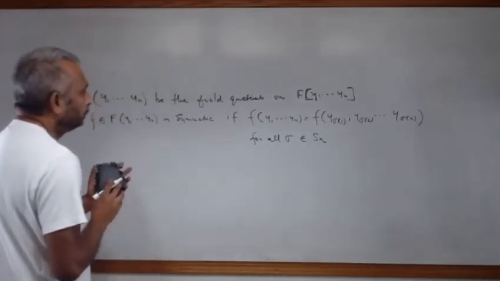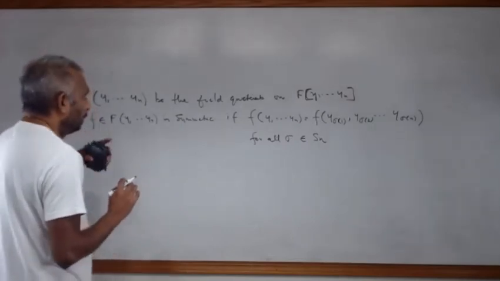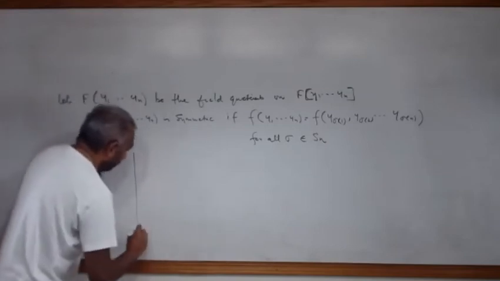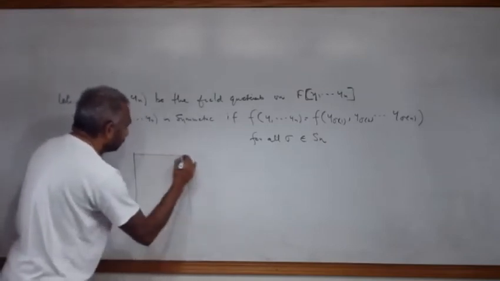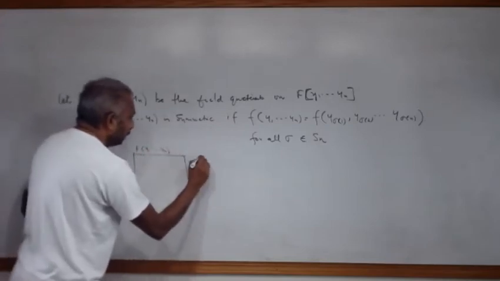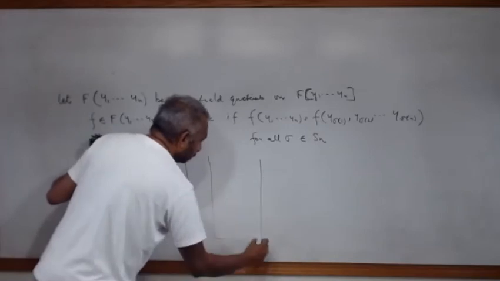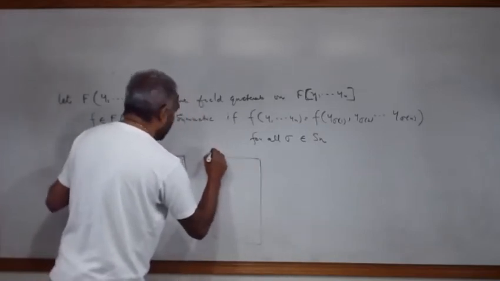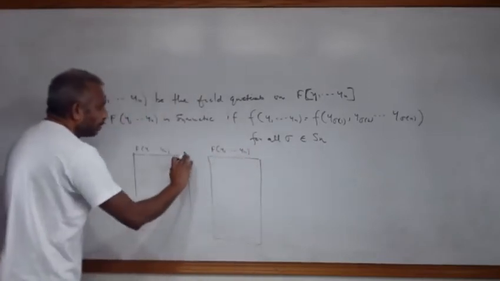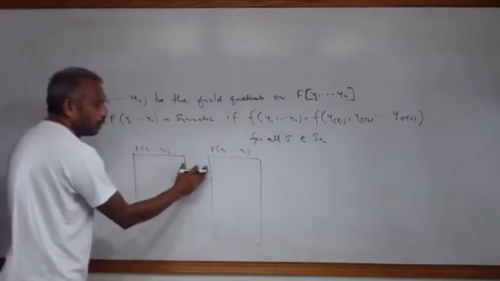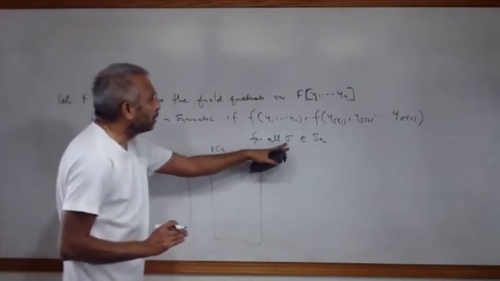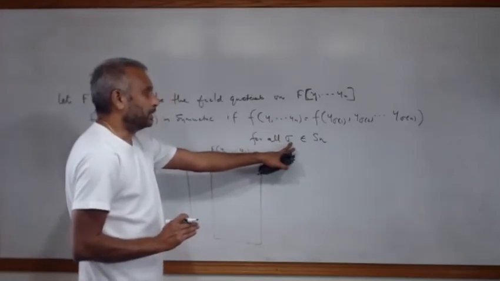So our automorphism is going to be like this. See, this is F(y1, ..., yn), and there are several automorphisms on here, but we are going to consider only very specific automorphisms. Those automorphisms are induced by the permutations.